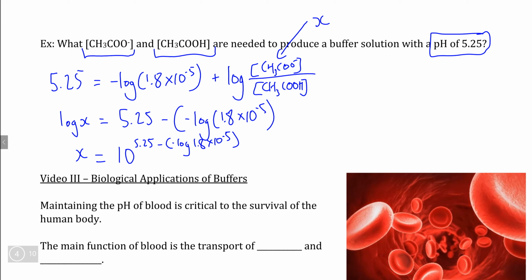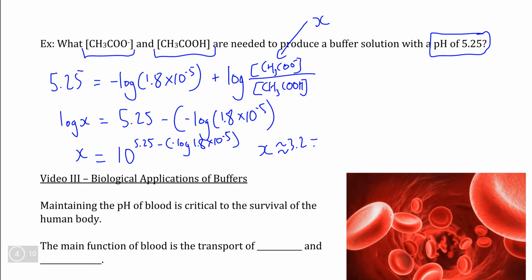So when you put this number into your calculator, you'll find that x, the ratio of the conjugate base and acid to each other, comes to approximately 3.20, or 3.2 with 2 significant digits.